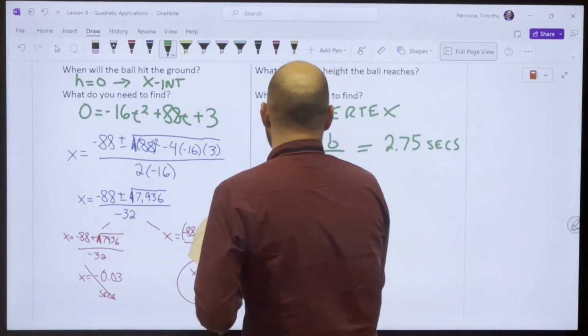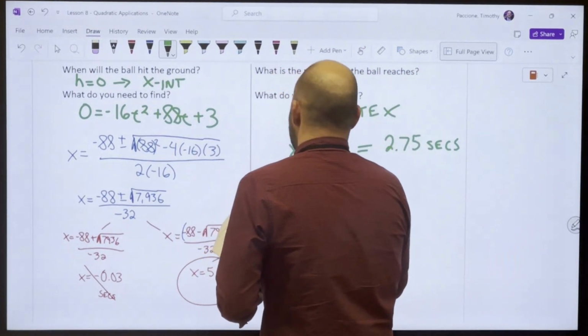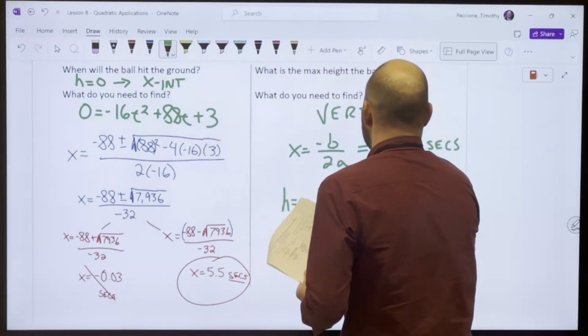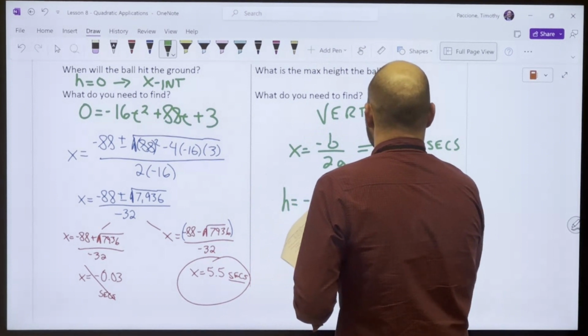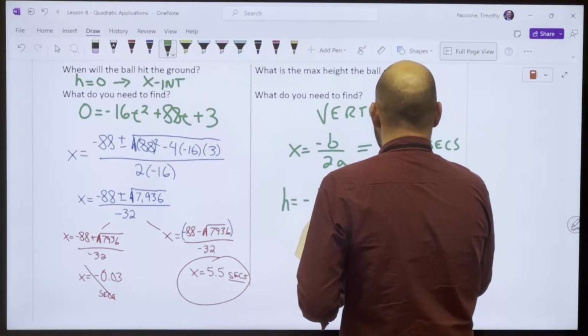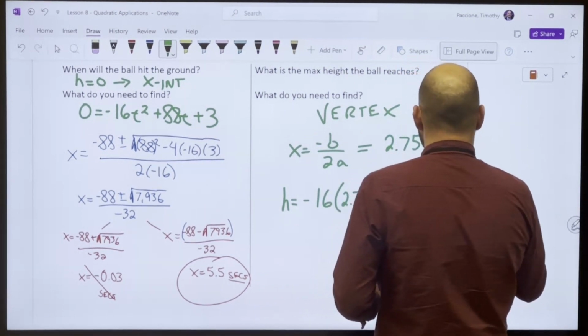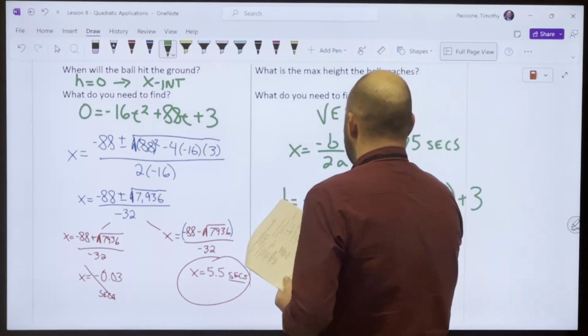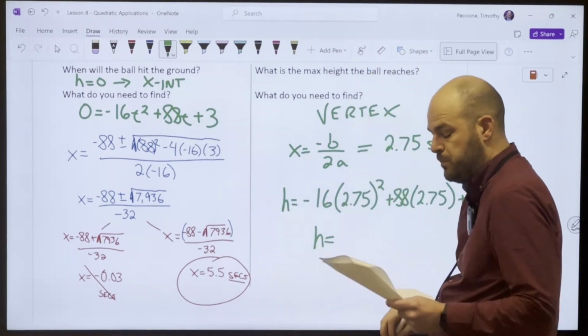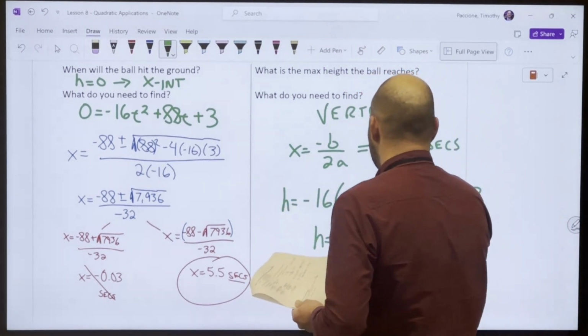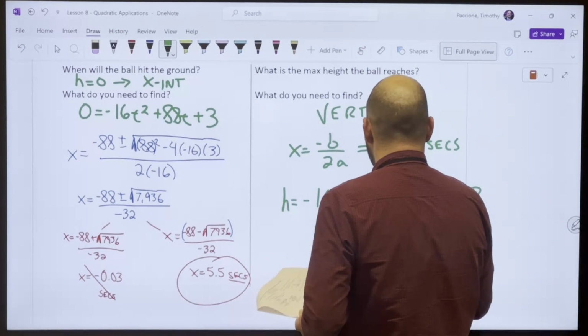So you would say h equals negative 16 times 2.75 squared plus 88 times 2.75 plus 3. And then if you put that all into your calculator, you would get 124. And of course, we're dealing with feet.